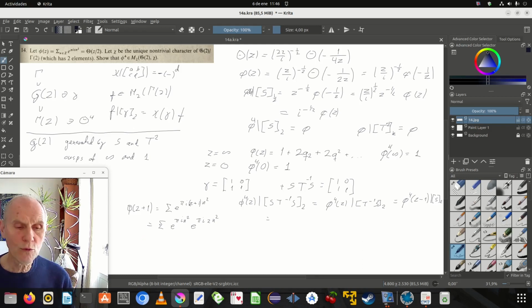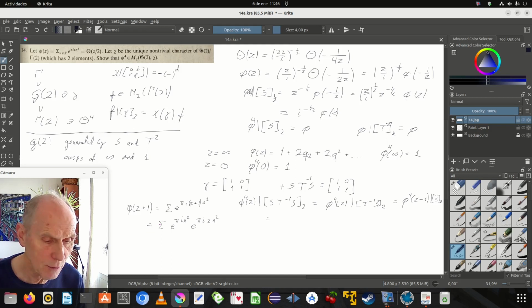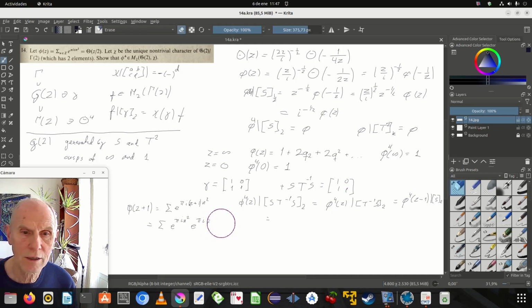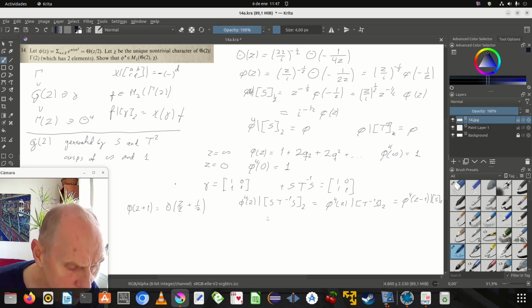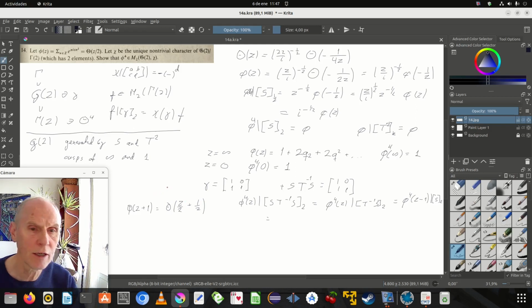Actually, we did prove this with the capital phi in another problem. So I think we can just use that and then substitute. Oh, actually we did. We don't need to do this. This is capital phi of z halves plus 1/2. And that's problem 8a.